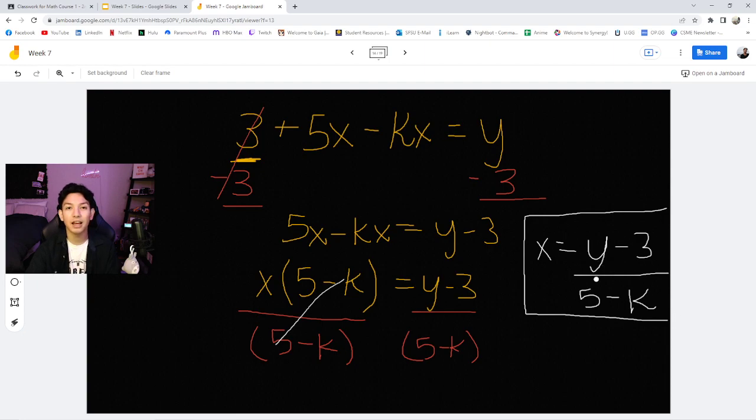But because we have a fraction over here, we want to find any extraneous solution. Remember, an extraneous solution is a solution that puts solving for the variable at risk of an undefined answer.